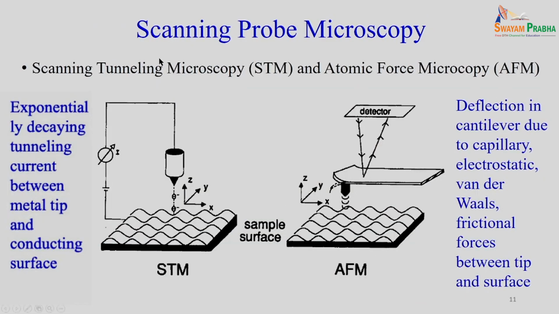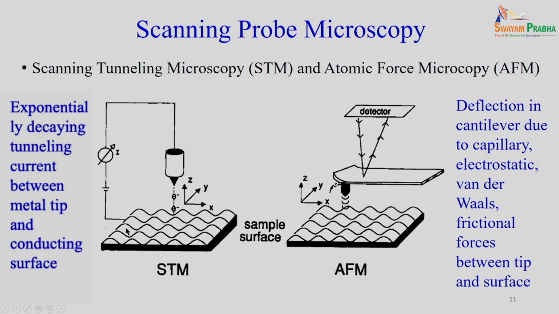So, the next microscopy is scanning probe microscopy. In this SPM, two methods are most commonly used, that is scanning tunneling microscopy, STM, and atomic force microscopy, AFM. In case of STM, we measure the exponential decay in the tunneling current between a metal tip and a conducting surface.